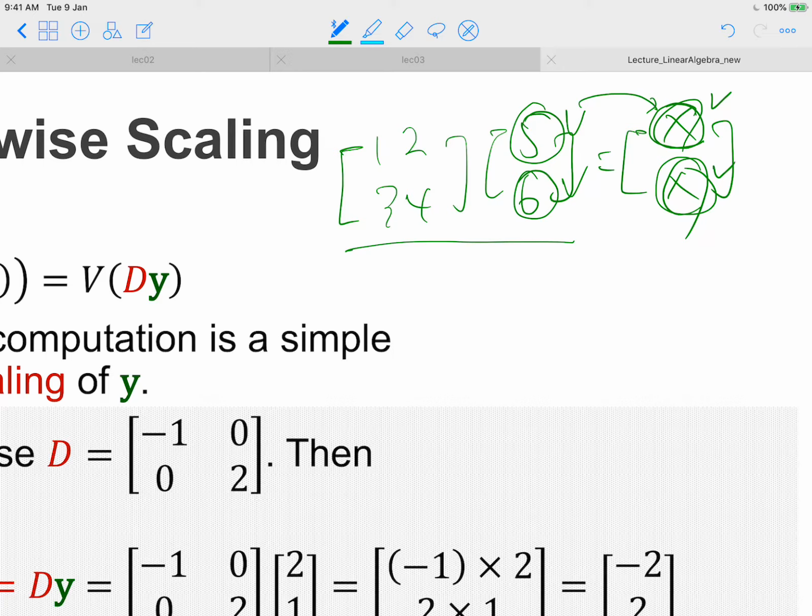So that way, this matrix vector multiplication will actually mix together or combine the values in different dimensions. Okay, because this 5 times 1 and 6 times 2 will produce the first number, and thus this first number is actually a linear combination of the multiple numbers.